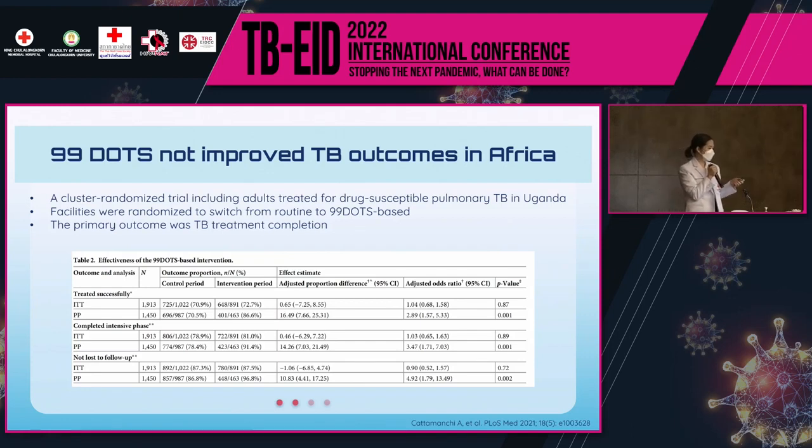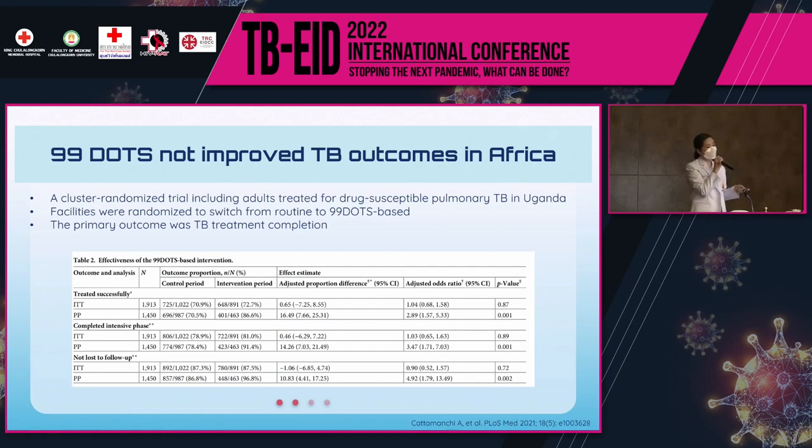You can see that the control arm has about 71% treatment completion, compared to the intervention arm at about 73%, and this is not a difference.